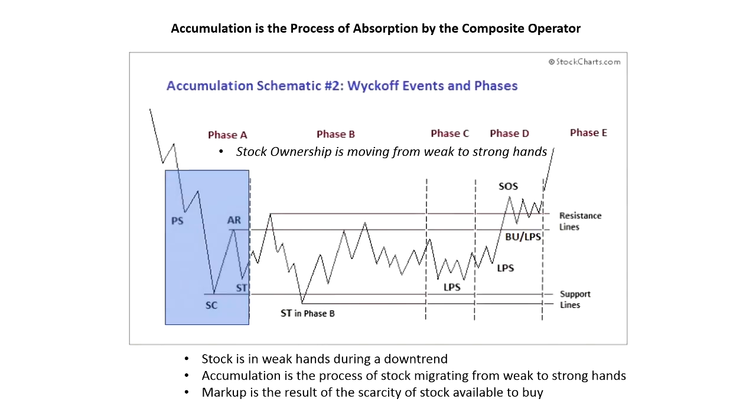This is evidence that what we call the composite operator, the very large informed interests that are building positions in these stocks, have bought up all the stock that they can buy. They've accumulated basically all the shares. The shares are in strong hands in phases C, D, and E.